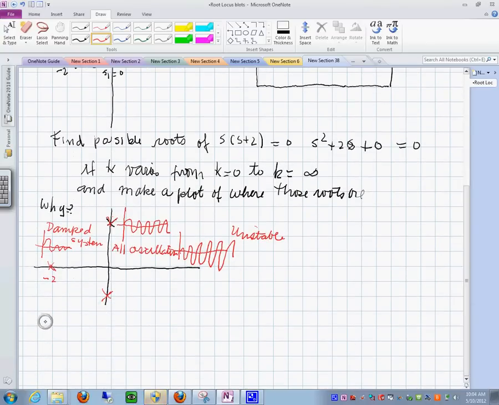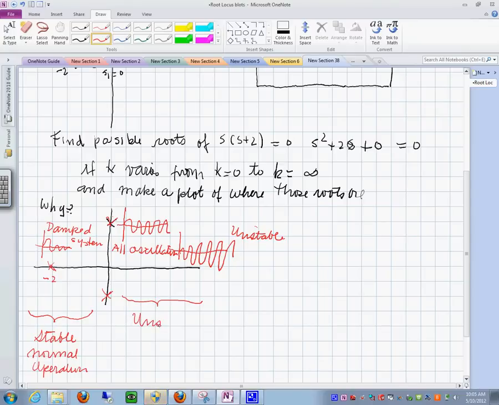See? So this is the place where things would be a stable system, normal system. You would say normal operation. And on this side you will have unstable behavior of the system.